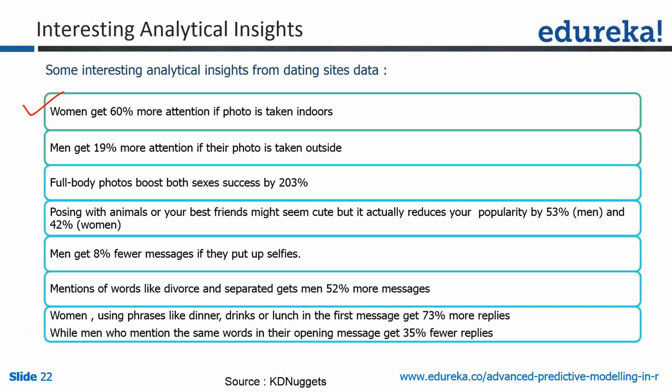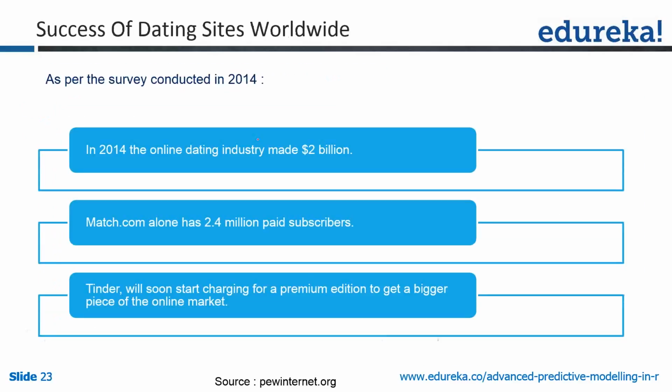And men get 19% more attention if their photo is taken outside. Full body photos boost both sexes' success by 203%. Posing with animals is the best. So these are all the insights, right, which one can draw just based on the amount of data that's getting generated. Look at the strength of the data.